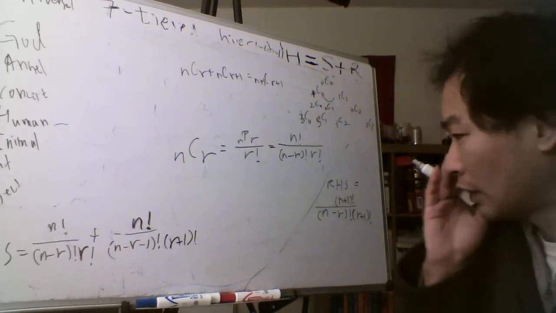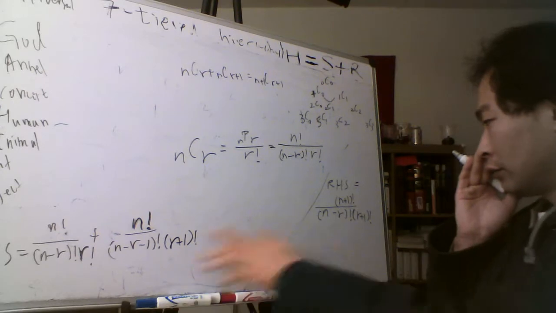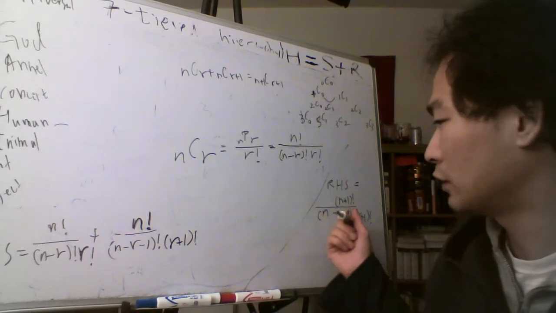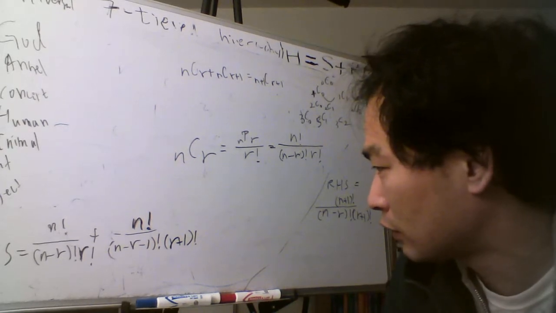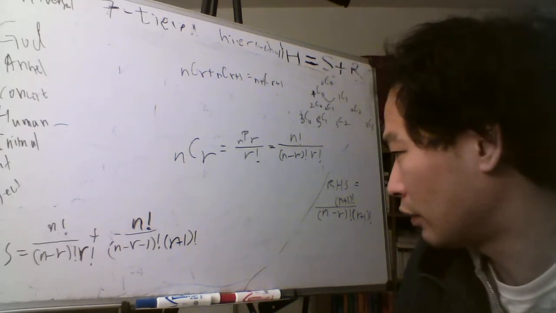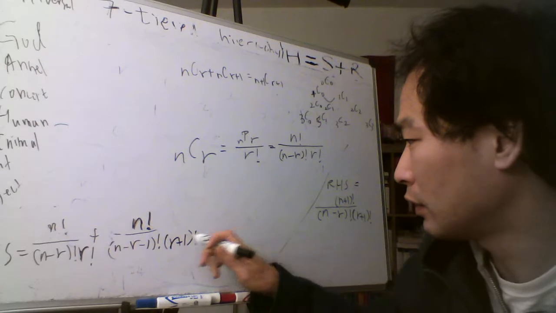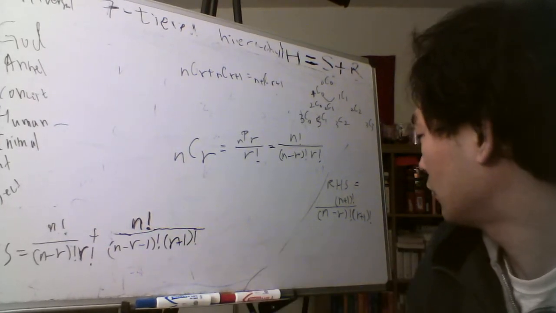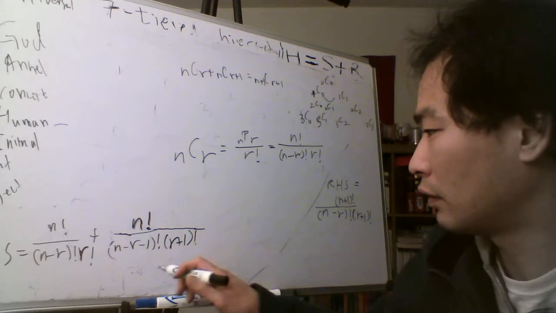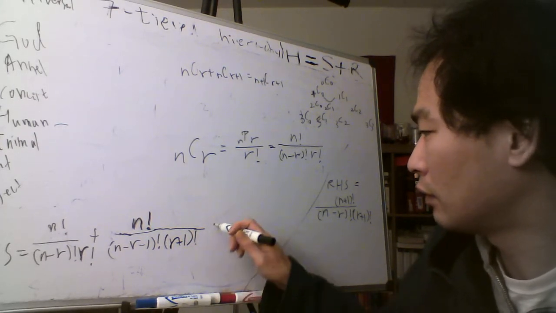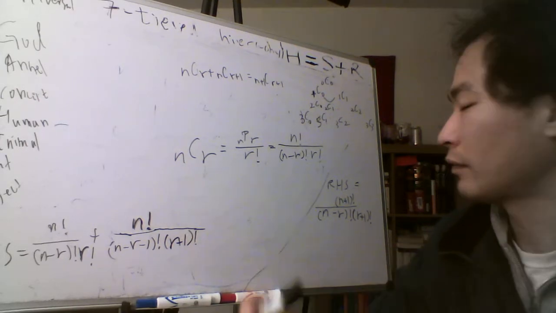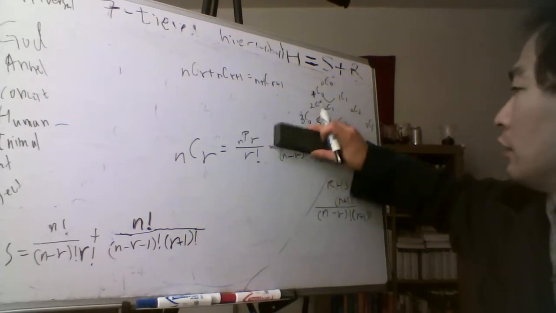Our goal is to make these two guys eventually look like that, okay, so that's our goal. So looks like we need to multiply by, okay, so this guy is equal to, really running out of space.